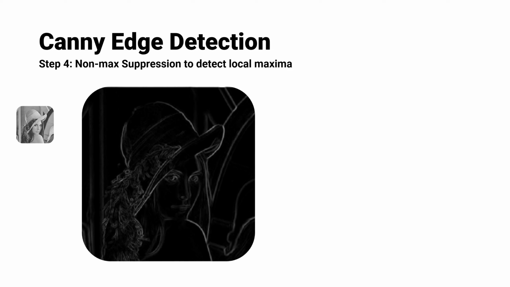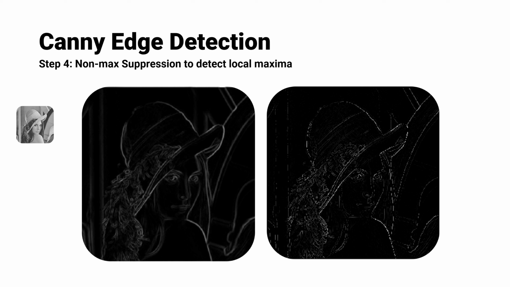So next, we took Lena, and we have our edge matrix, and we basically want to detect the local maxima. If we simply threshold the values, you will see that only the stronger edges remain, and it's the same exact problem we had with the Sobel operator, though it's a little less noisy. We still have the same problem wherein there is no connection between the things on the hat.